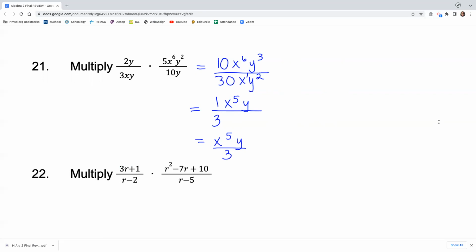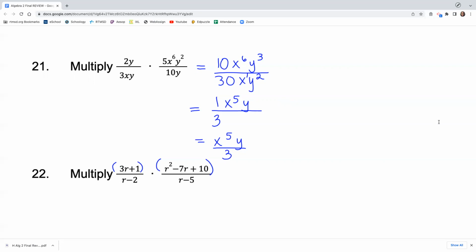But of course, as soon as we see polynomials that are not single termed, like in number 22, you should be thinking, all right, in order to multiply these numerators times these numerators, I'm not going to actually want to multiply 3r plus 1 times r squared minus 7r plus 10. You'll end up with 6 separate answers that can be simplified. And then how would you factor that? It gets too crazy.